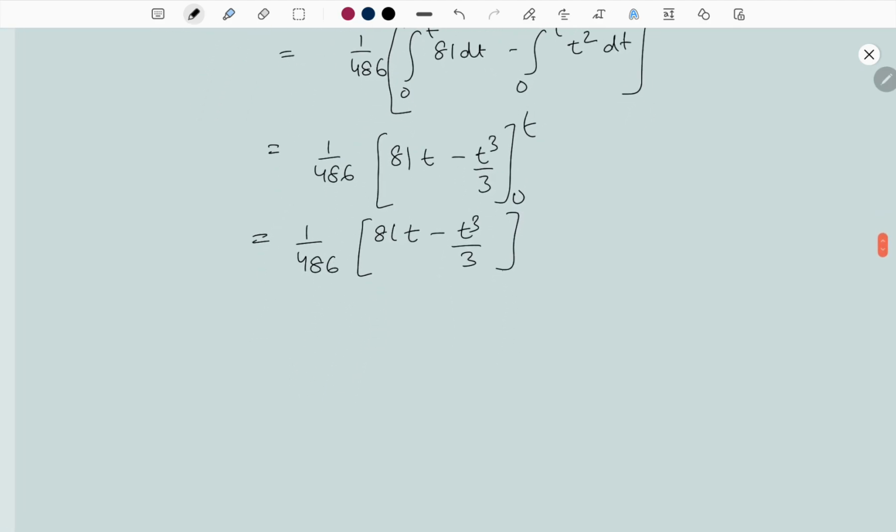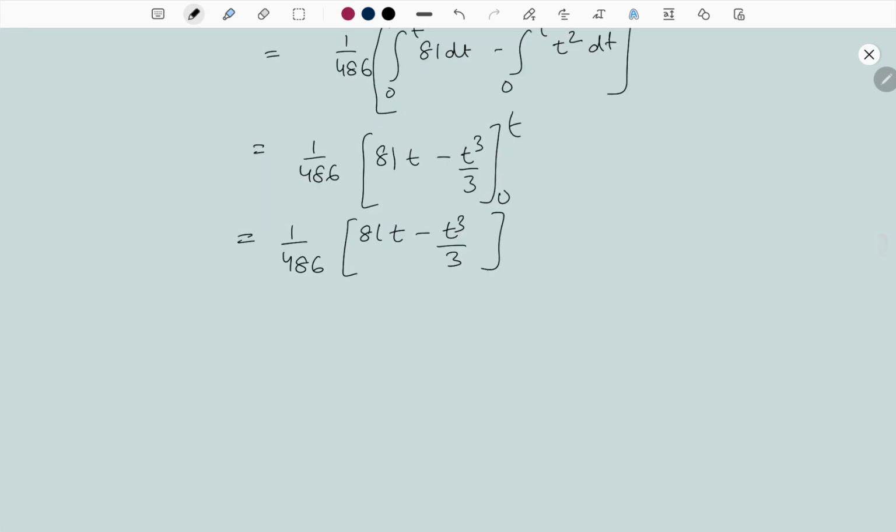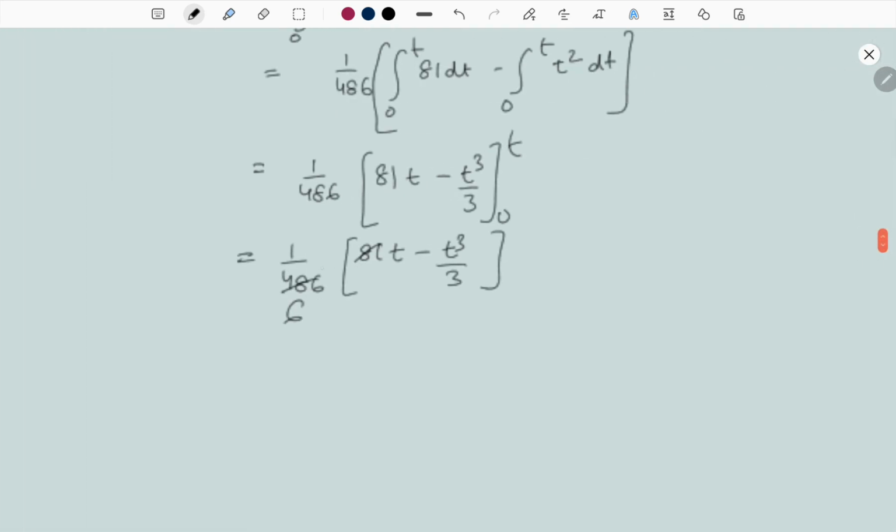Let us not multiply it all out, or even after multiplying, 81 by 486 will be 1 by 6, and 486 into 3 is 1458.